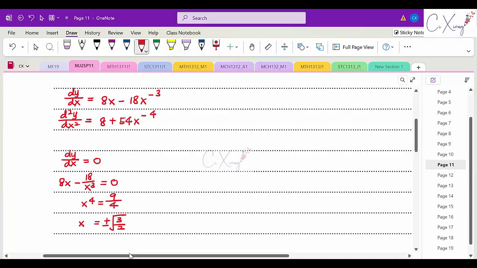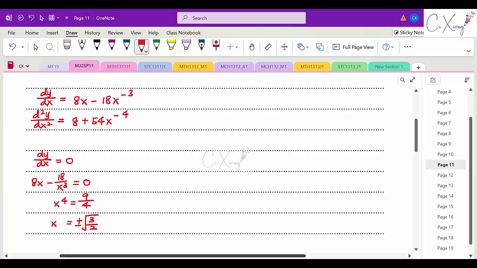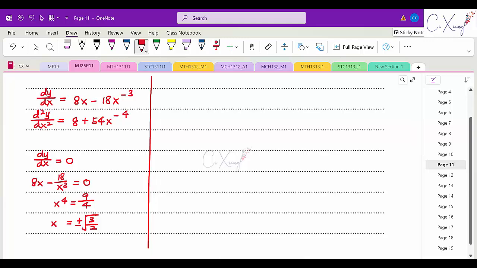From here, you know you have 2 stationary points: one is positive surd 3 over 2, another is negative surd 3 over 2. Now let us decide which is the maximum point and which is the minimum point.